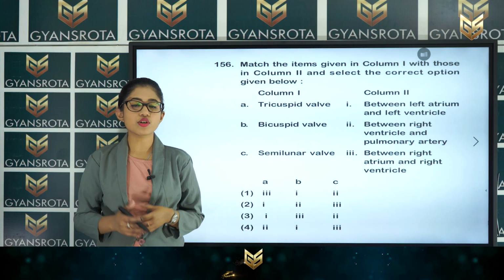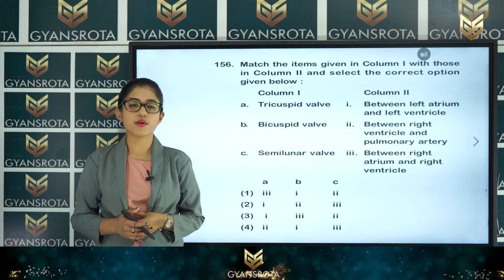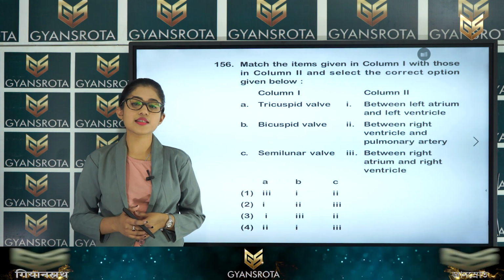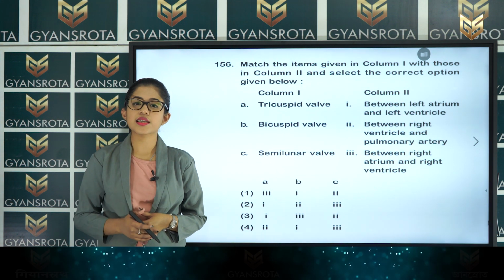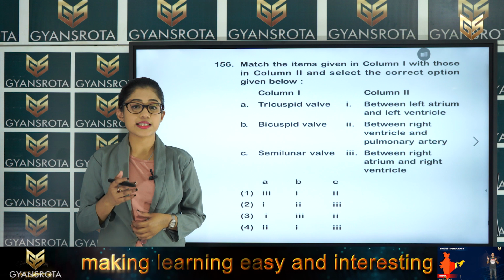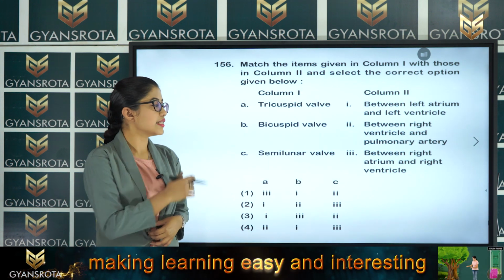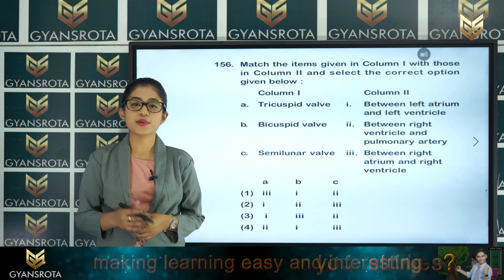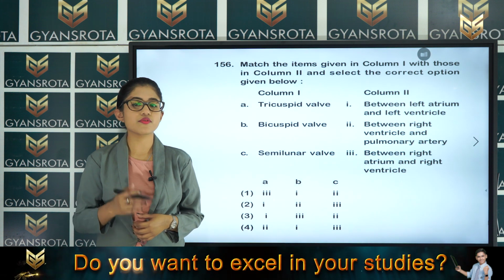So this is a very easy question, and this is from the chapter Body Fluids and Circulation. While discussing the human circulatory system, that is the heart, we have got all these three terms, right? Tricuspid, bicuspid valve and the semilunar valve.